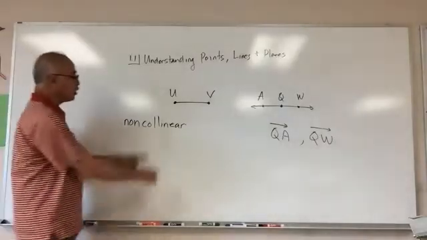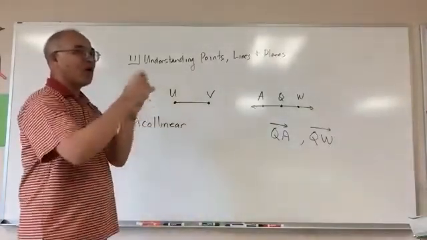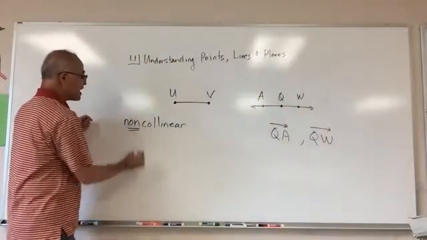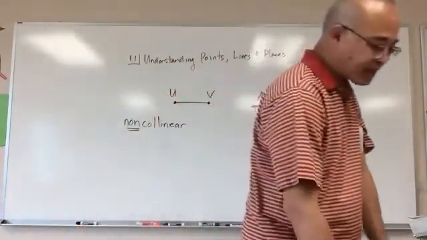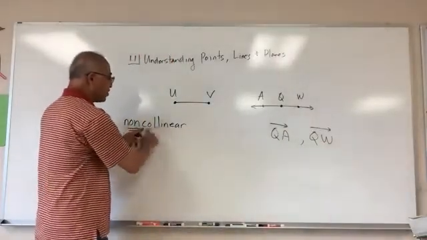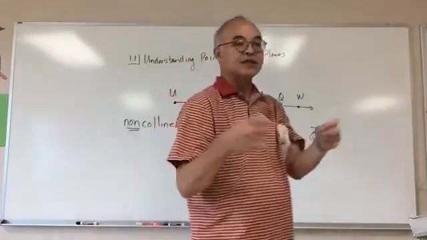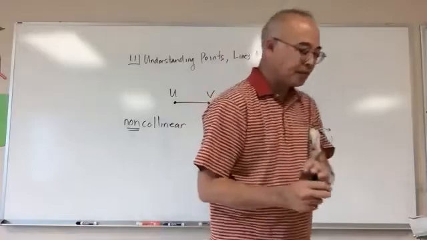If they were collinear, that means they're all on one line. Because it's now saying non-collinear, what that means is that there are 3 points that are not on the same line. So 3 points that are not on the same line, we already talked about this, defines a plane.